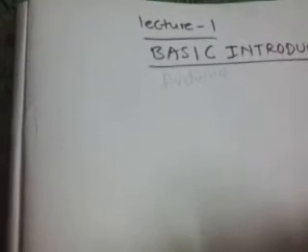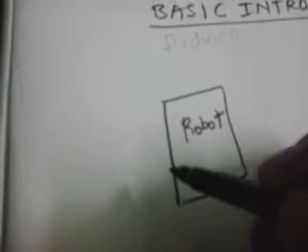Let us see what is a robot and how to interface the elements of the robot, suppose sensors, and how to achieve a complete automation of a robot. Here, let us consider I have a robot. For example, this is my robot.